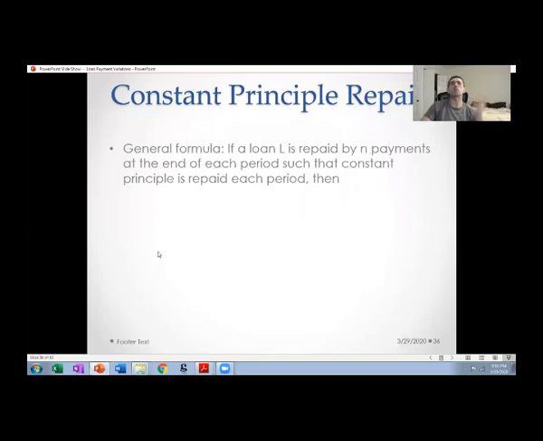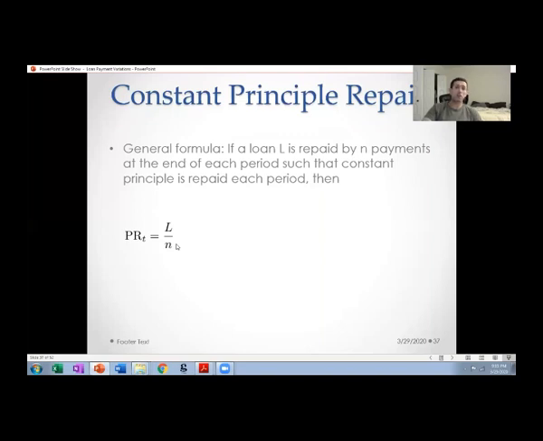So in general, and oddly enough, the book doesn't have this formula anywhere, or these formulas, which I don't really understand, but if we have a loan L, it's repaid by n payments at the end of each period in such a way that constant principal is repaid each period, then first of all, that constant principal is going to be L over n, because you're making n payments of this amount.